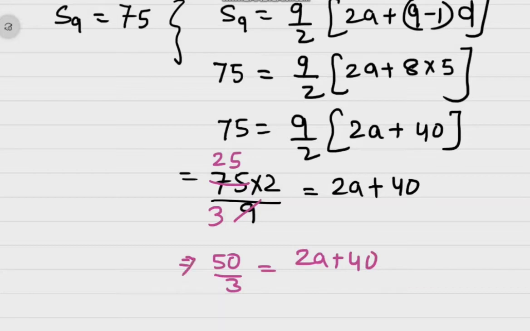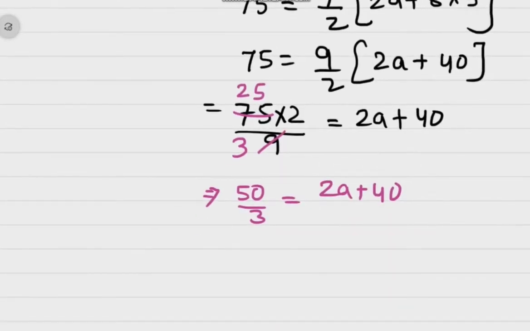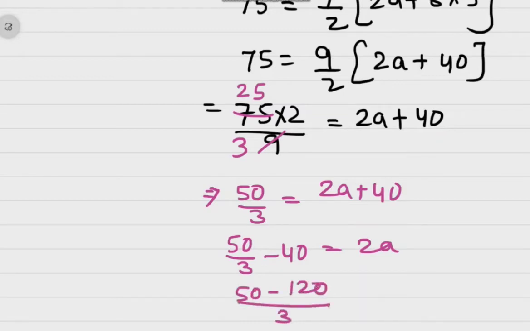Okay, so from here you can say that 50 by 3 minus 40 will be equal to 2A, isn't it? See, 50 minus, if you take the LCM, minus 120 by 3 will be equal to 2A. So 50 minus 120 is nothing but minus 70.